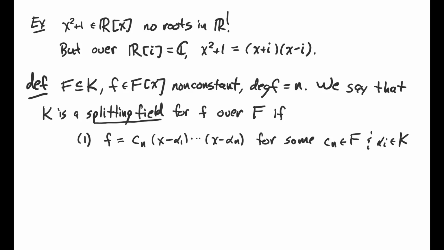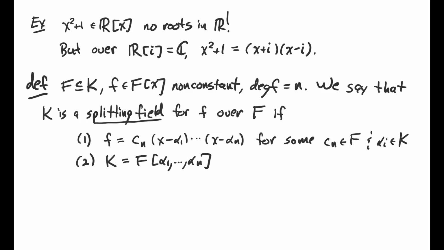I mean, they can be in F, but certainly they have to be in K. And so the point is, f splits as a product of linear terms. All right. Number two is that K is equal to F adjoin alpha 1 to alpha n. In other words, K is the smallest field over which f splits into this product of linear terms, because I've just started with F and added the bare minimum necessary, the alphas, the roots.